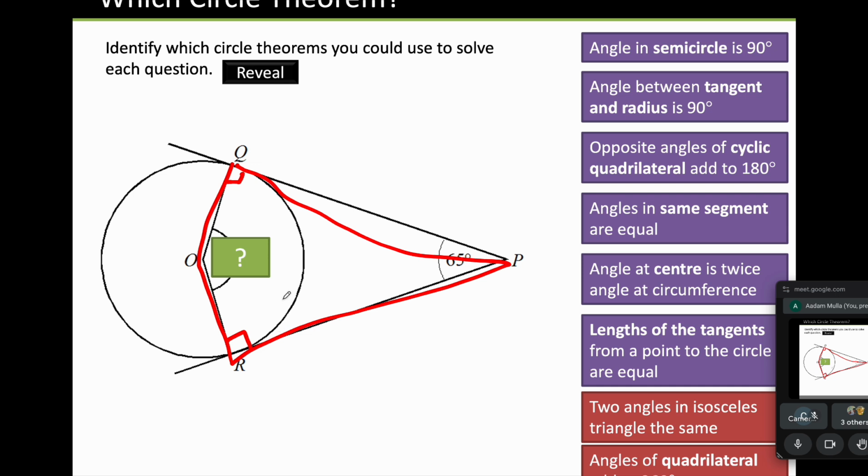Type in your answers in the chat. Don't press enter yet. Just going to work it out in my head. Okay, I've got my answer. You can tell me what your answer is in 3, 2, 1, and go.